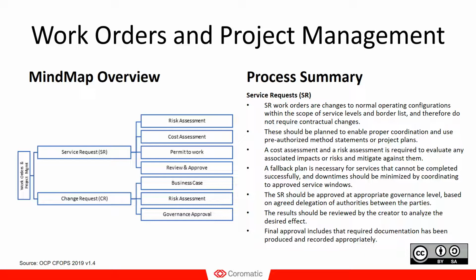So that means you need to have a fallback plan, that if you're not able to finish the works on time, you need to be able to backtrack so we're back at least at the same state that we were before we started. Another part is, of course, the cost assessment. Is this something that should be included in the already budgeted costs, or does this add new costs, regardless if that is time or materials?